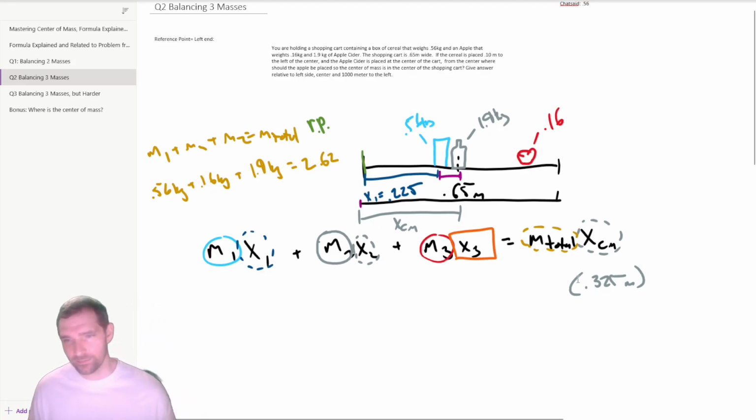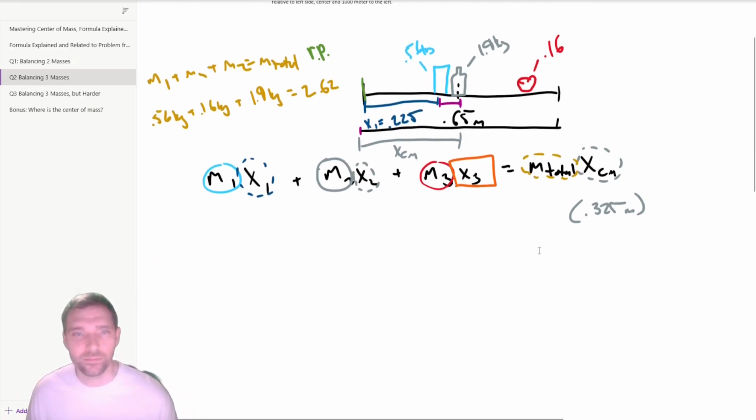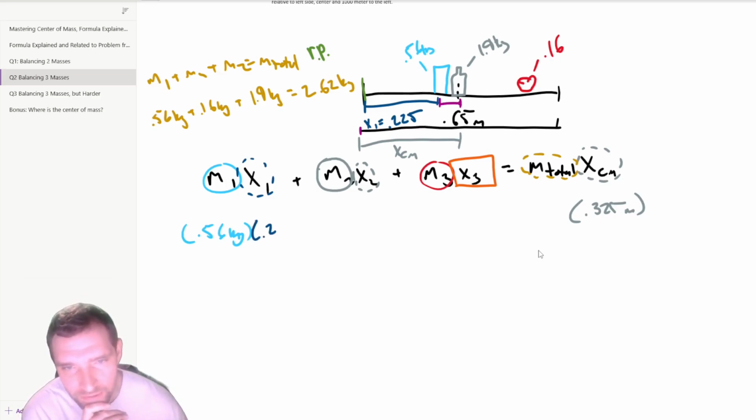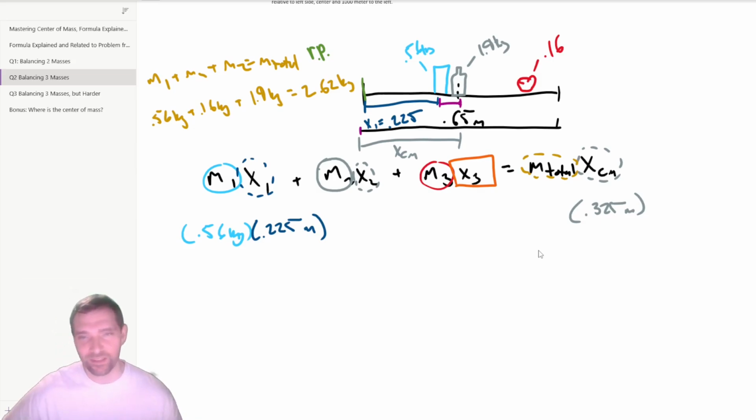So then we can start plugging in some of these numbers. M1 was 0.56 kilograms, times that displacement of 0.225. And this is where the colors are just invaluable, super, super valuable. So we've got our M2 and our displacement 2.